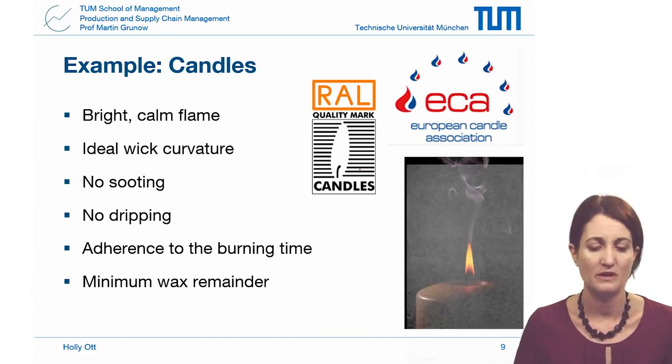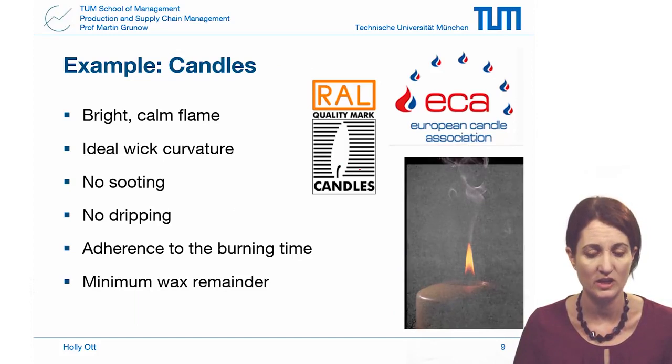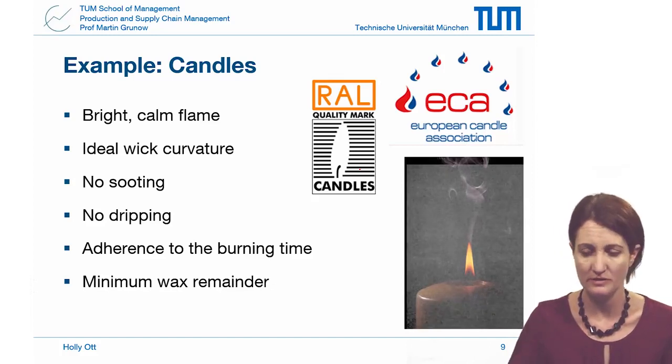We have another example here of the critical to quality characteristics from candles, just as another side of things. In this particular example, we're looking at the quality mark for candles.